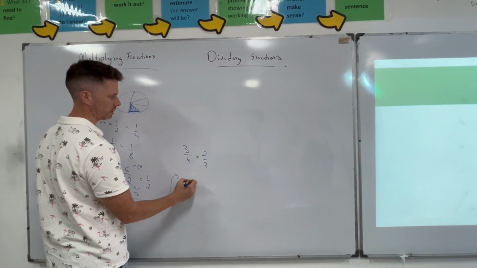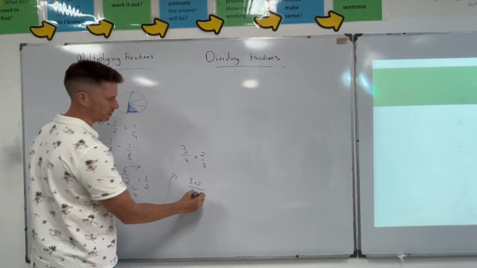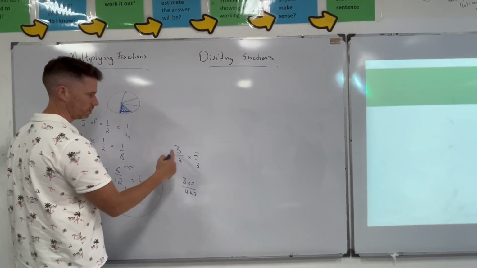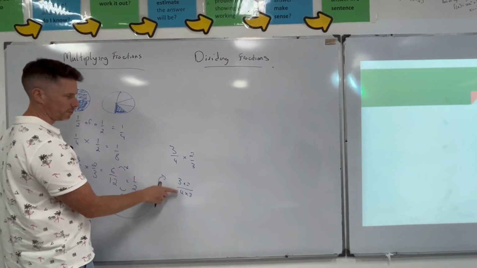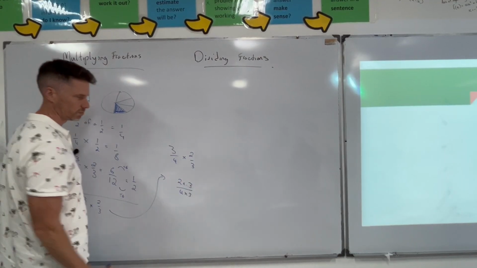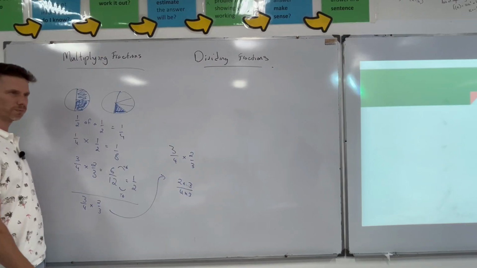I could write this as 3 multiplied by 2 in the top and 4 multiplied by 3 in the bottom, couldn't I? I'm doing that, really. Just multiplying the top 2 numbers. And when I multiply, it doesn't really matter what order I put it in. So the 2 and the 3 could switch orders, because I still get 6. It's the commutative property of multiplication.